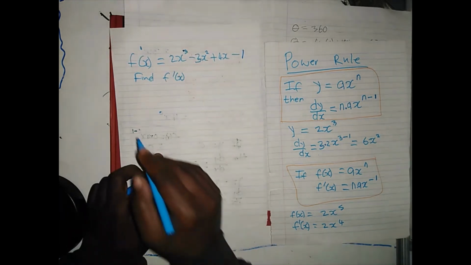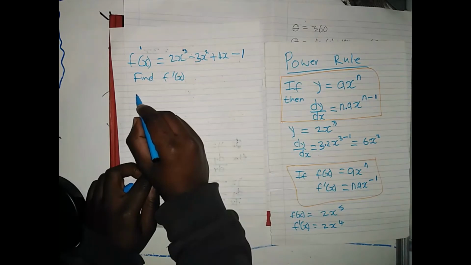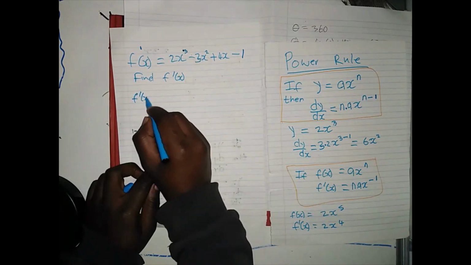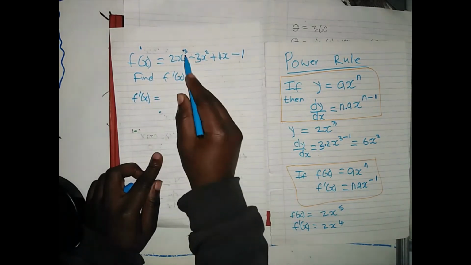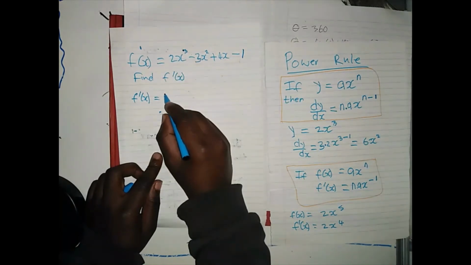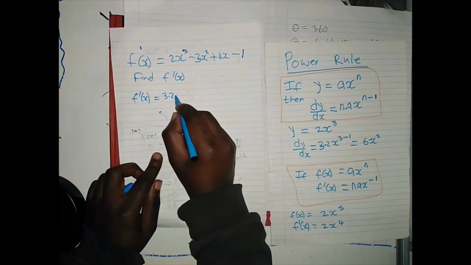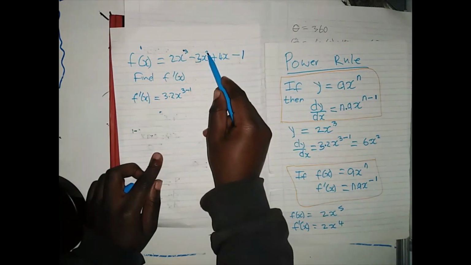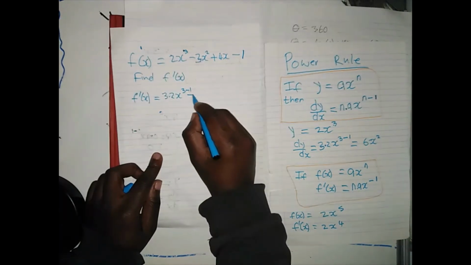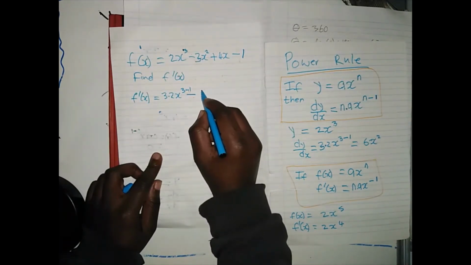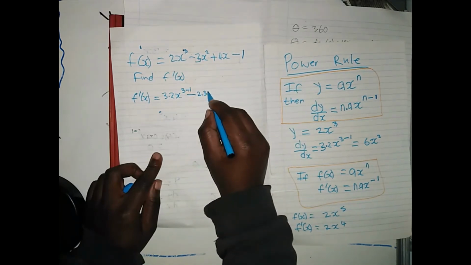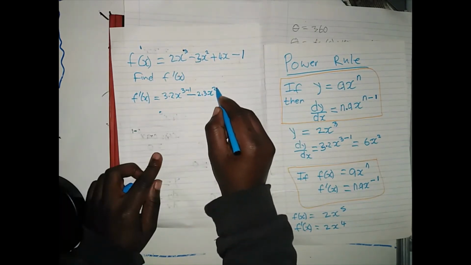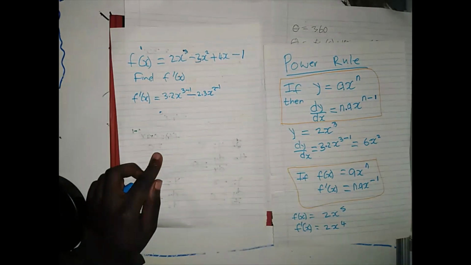So if we do that, f prime of x is nothing other than, you take this 3 to the side, then you'll have 3 times 2x to the power 3 minus 1. And then you take this 2 to this side as well, and then you have this minus, 2 times 3, and then you have x to the power 2 minus 1.